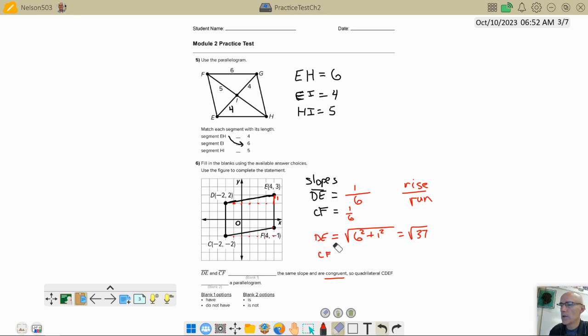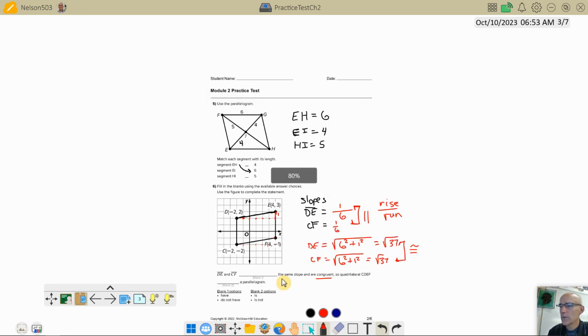I want to say their measure, their length, right? So length with no bar means how far apart are the points, right? So I'm going to do the same thing, square root of 6 squared plus 1 squared, and you get the square root of 37. So their lengths are the same, and their slopes are the same. So that means they are parallel, right? So parallel, this means they're congruent, and so we've got a parallelogram, all right?